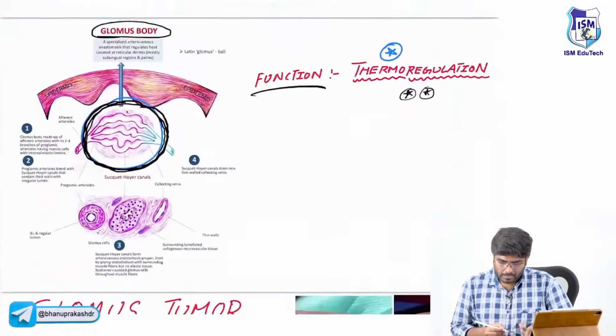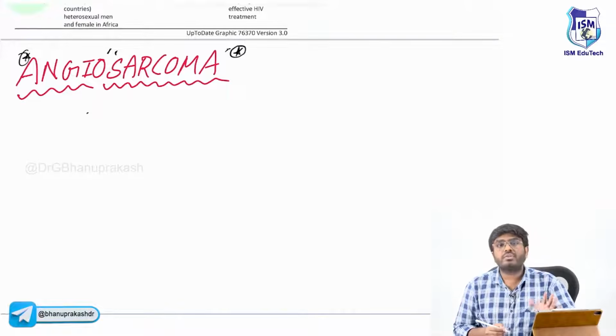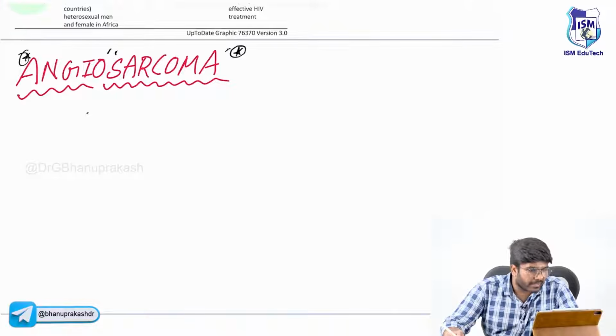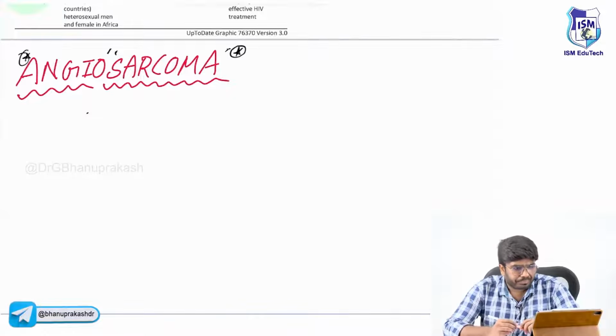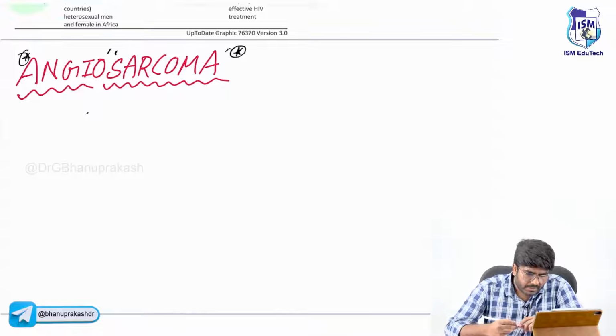Now my question to you: who will get this angiosarcoma? It's a very aggressive tumor, with a very bad prognosis. Can you guys tell me, who will get this? HIV patients, immunocompromised patients? Which patients are at risk of developing angiosarcoma?